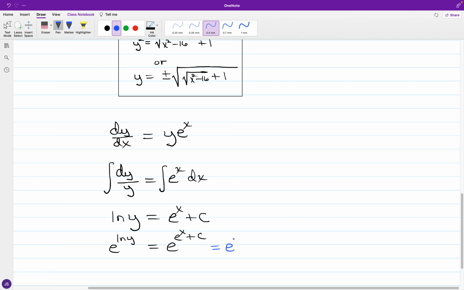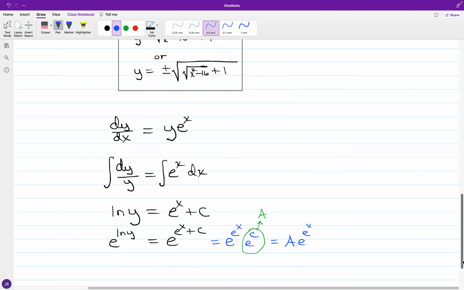So you have e to the e to the x times e to the c, and just write this as a, so you have a times e raised to the e to the x.